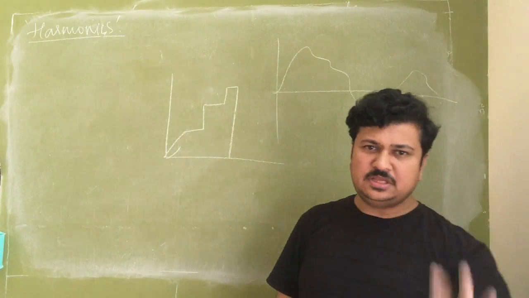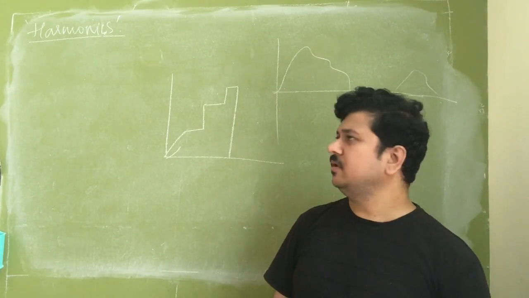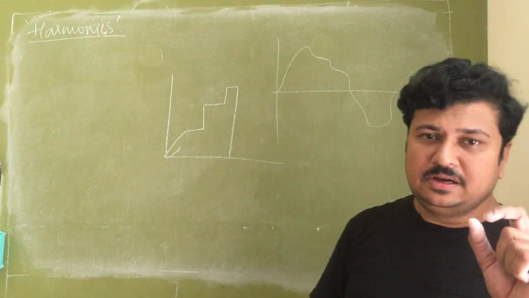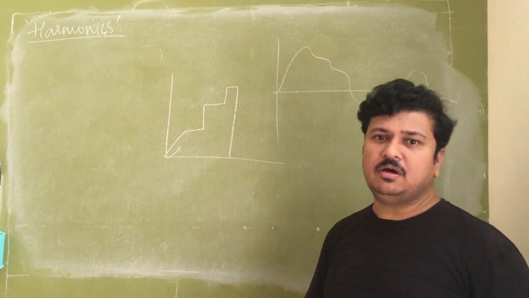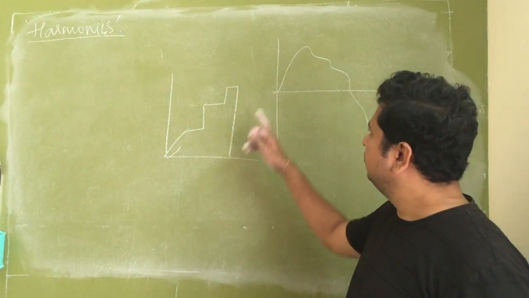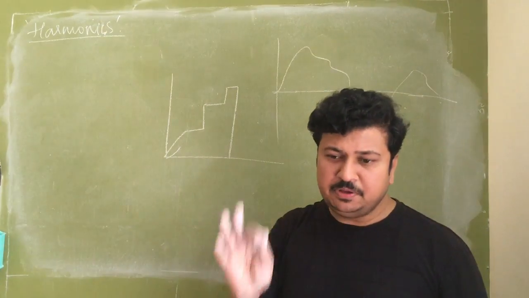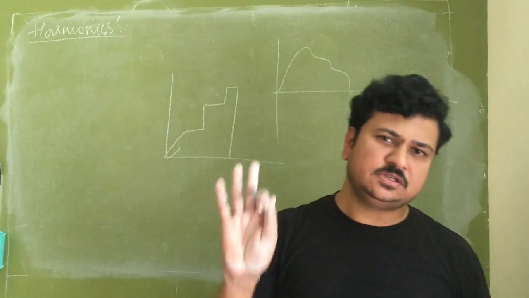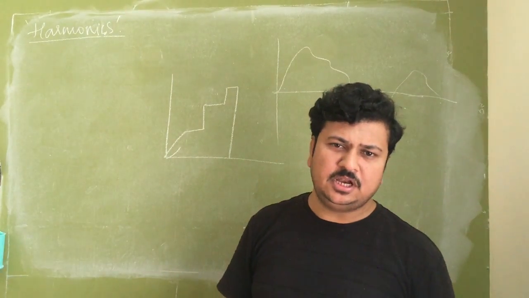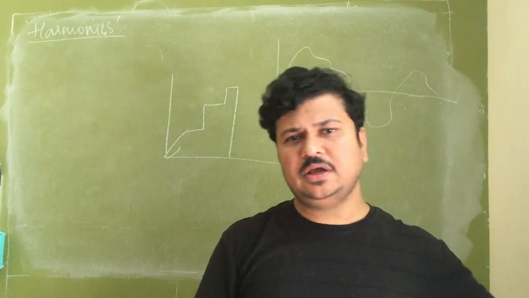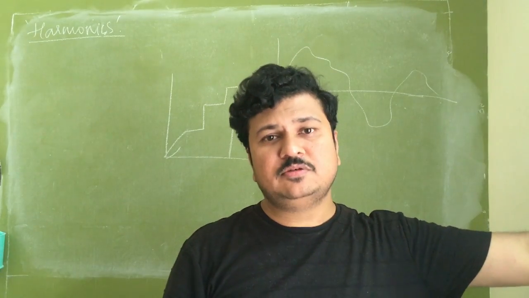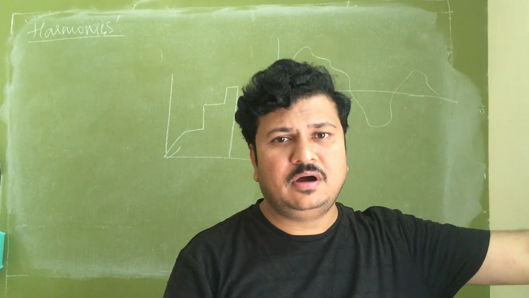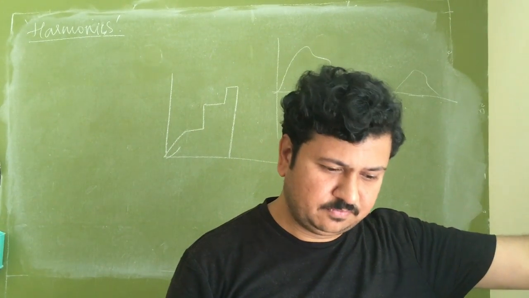Therefore, with this knowledge, I directly consider the fundamental wave to be a pure sinusoidal wave with the generated frequency. In India it is 50 Hertz; in many countries it may be different. So my fundamental wave is always a sinusoidal wave of f Hertz frequency.